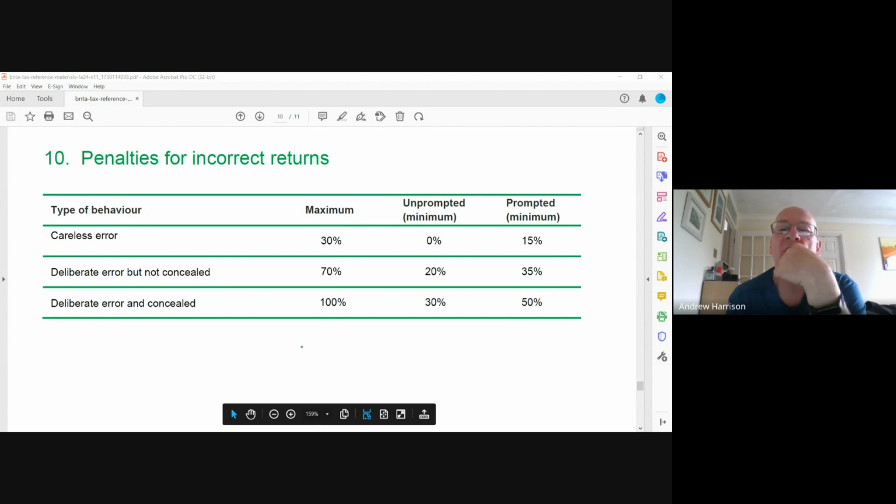And the reason why the answer is this: unprompted, minimum 0%. So even if they thought it was careless, and you told them, and if you came up with an appropriate excuse, it could of course be somebody else's fault, late bills or late invoices, or all sorts of things can happen. Therefore, as long as they don't have to prompt you, you might get away with a 0%.